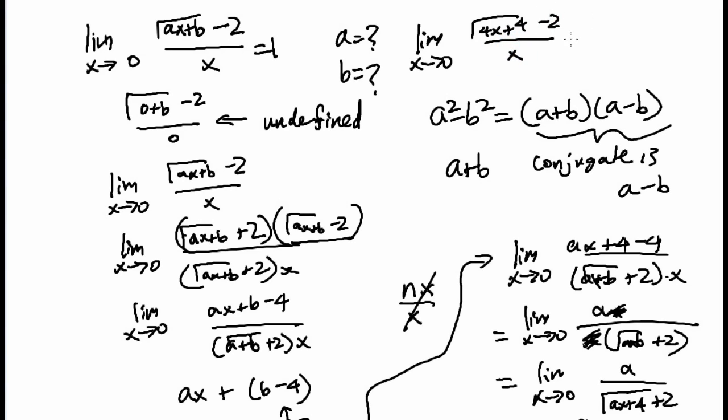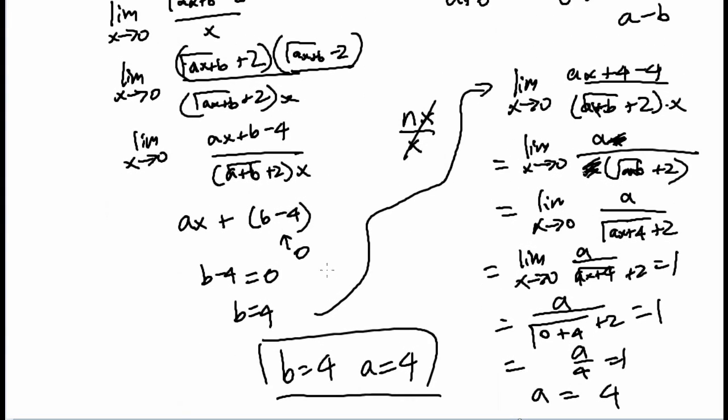Take the conjugate at the top and bottom, multiply them together, and you'll get 4x plus 4 minus 4, over x times the square root of 4x plus 4, plus 2. If you cancel out the x's, you get 4 in the numerator, 4 over this, and when you plug in x equals 0, you end up with 1. So this seems to work. a equals 4 and b equals 4 works.